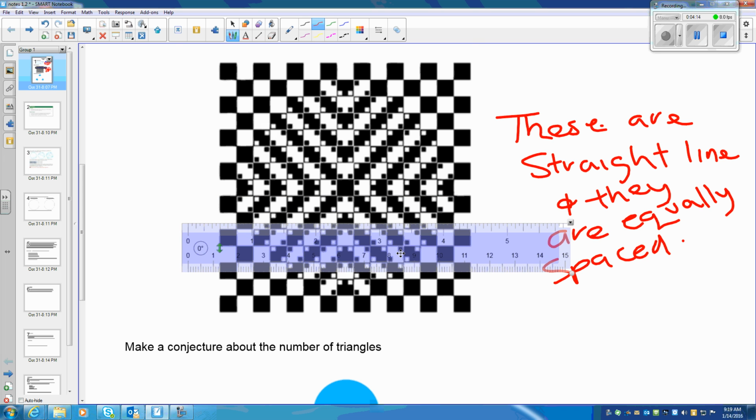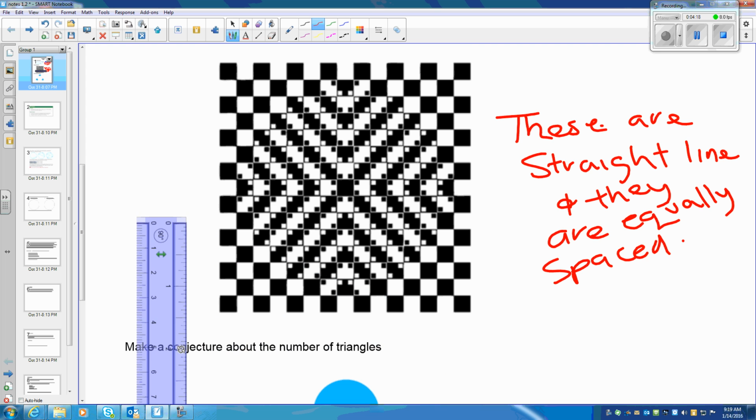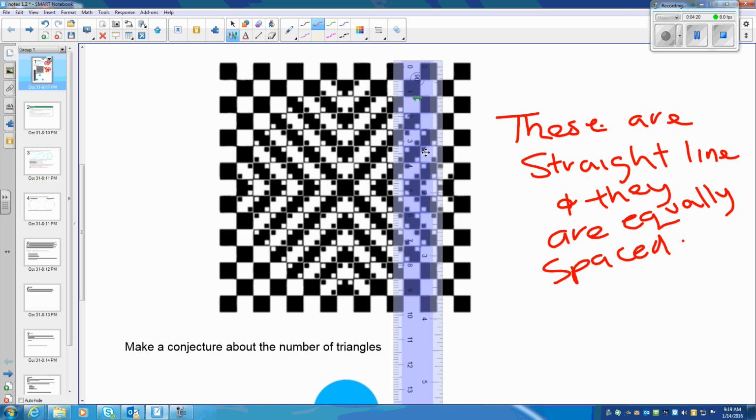So equally spaced, what does that mean? That the lines, if I turn my ruler this way and we take a measurement, they're all going to be measuring the same distance. So that's 0.7. So next one, 0.7.